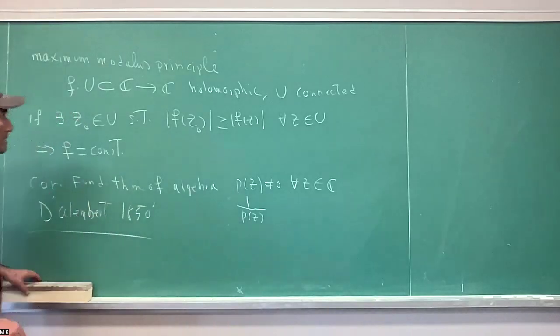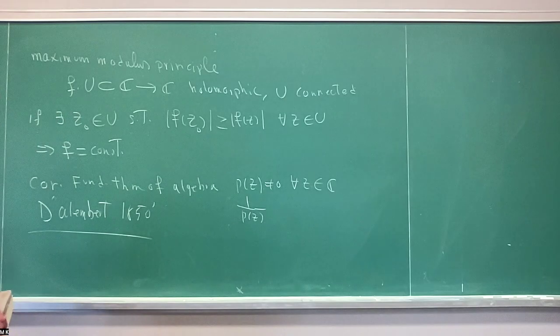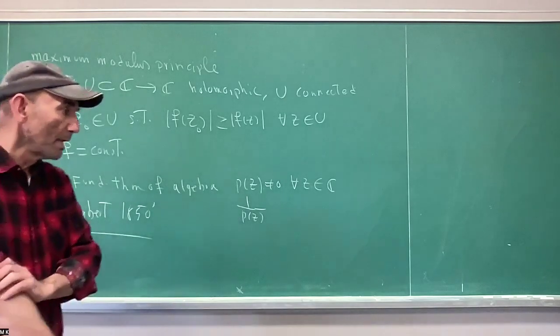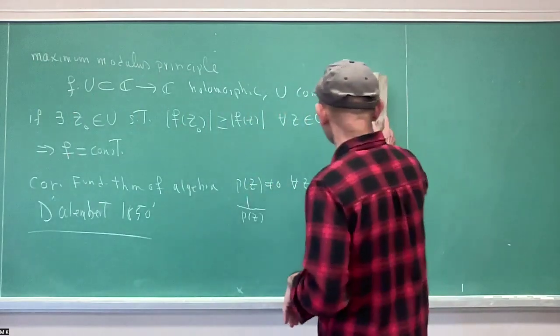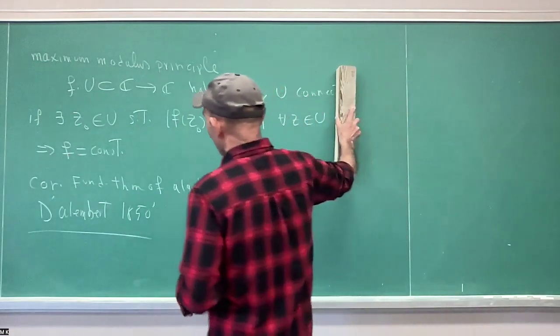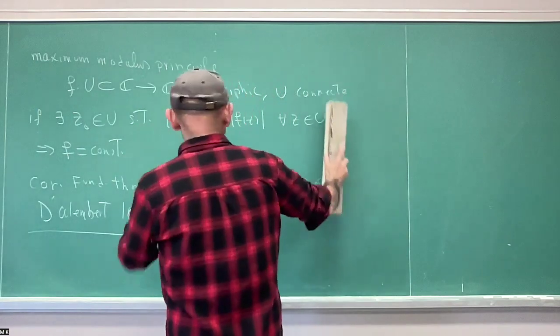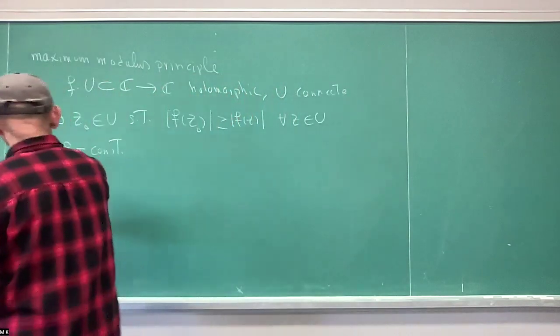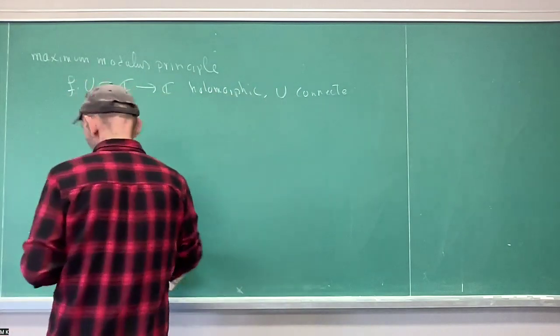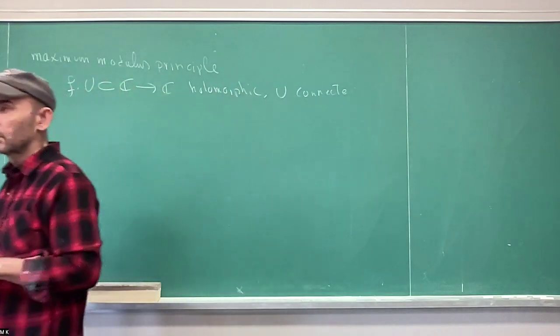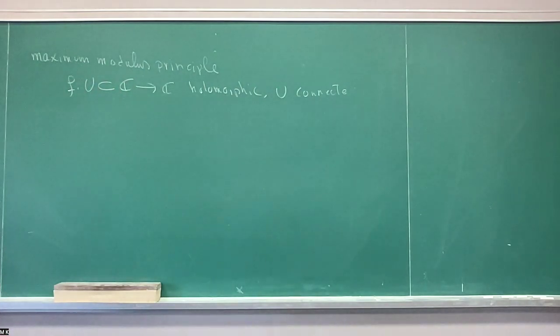So this is the maximum modulus principle. Now from this we can prove this, so this also holds. And does the same hold for proving the fundamental theorem of algebra, like when we form the 1 over p of z function, can we exactly use Abel's theorem with a little difference?